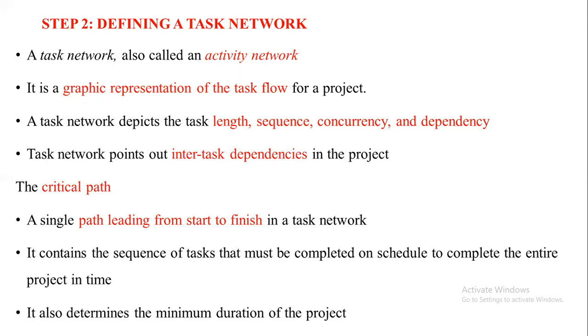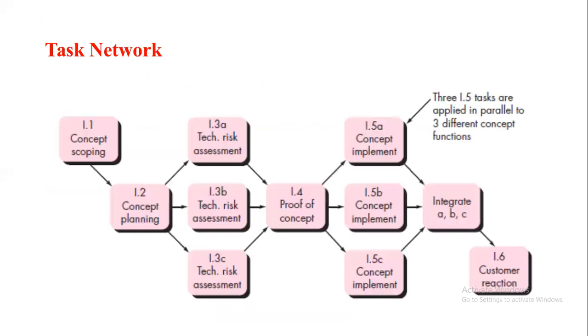In this diagram, we will represent the length of the task, the sequence in which the tasks are going to get carried out, whether there is any concurrency among the tasks, and what about the dependency among the tasks. All these will be represented in the graph. This is a sample task network diagram.